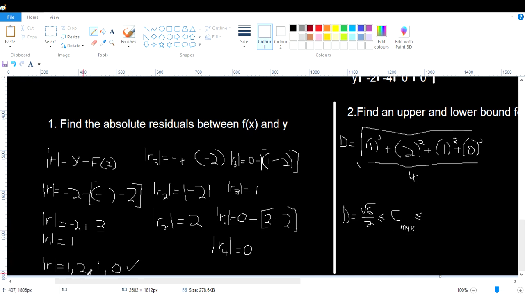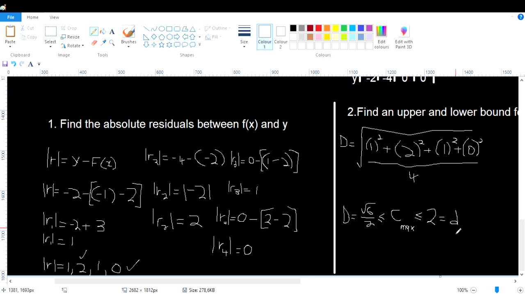Here the greatest residual is this one, which is 2. Therefore there is 2, which is equal to D maximum.